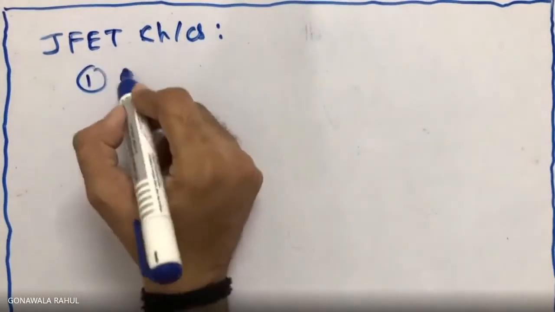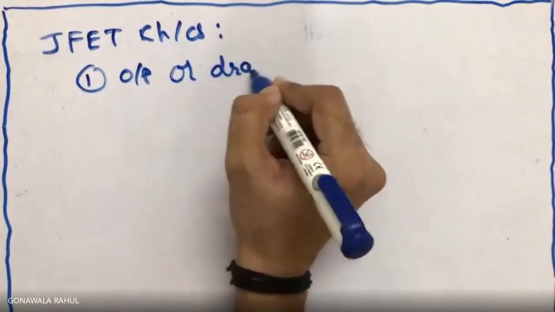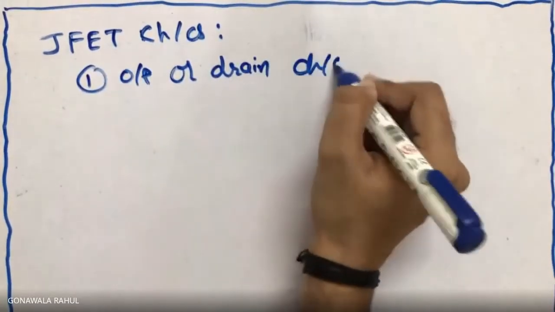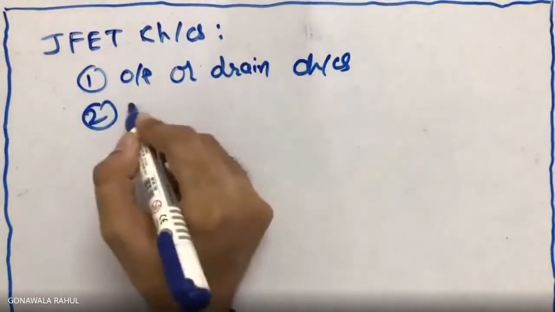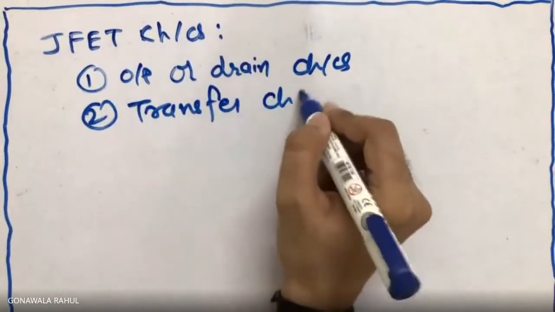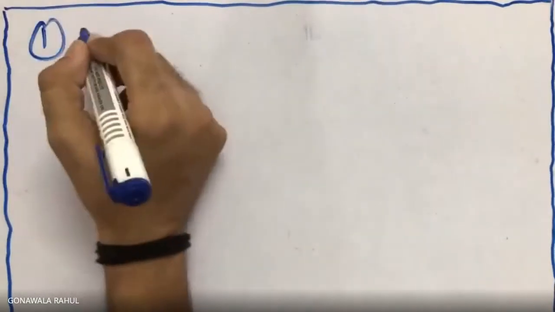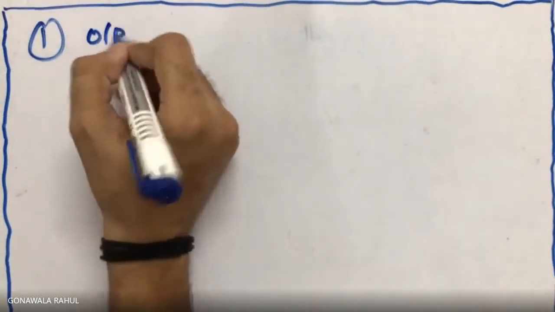Number one is output characteristics, also known as drain characteristics, and number two is transfer characteristics for JFET. Out of that, first we will see the drain characteristics, or you can say output characteristics.